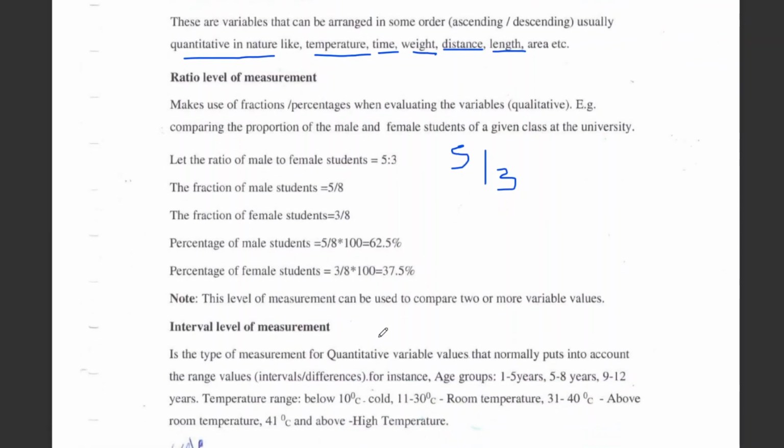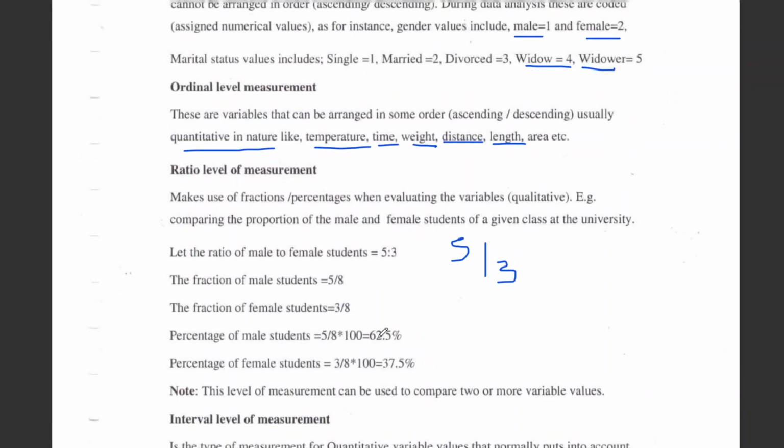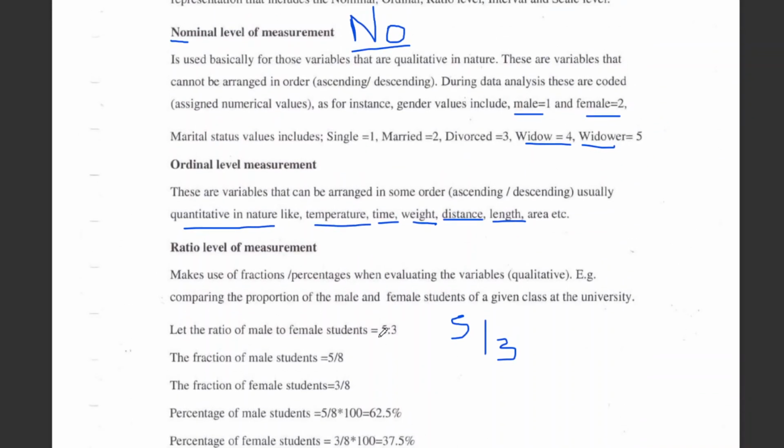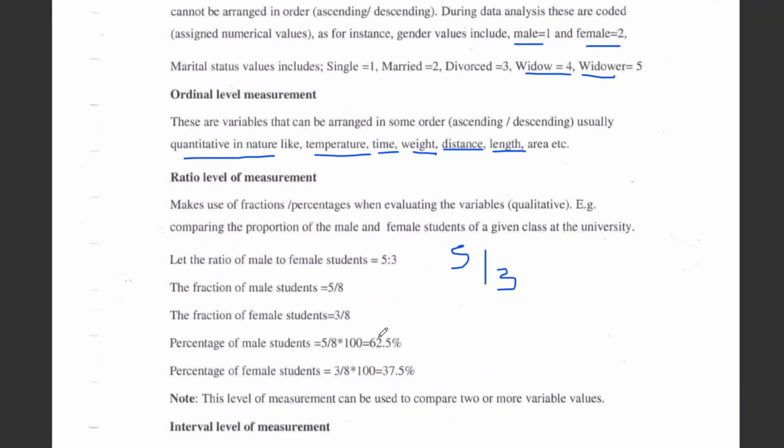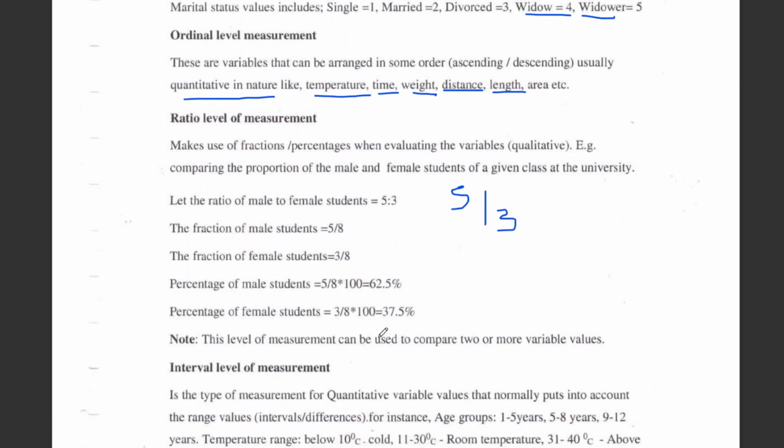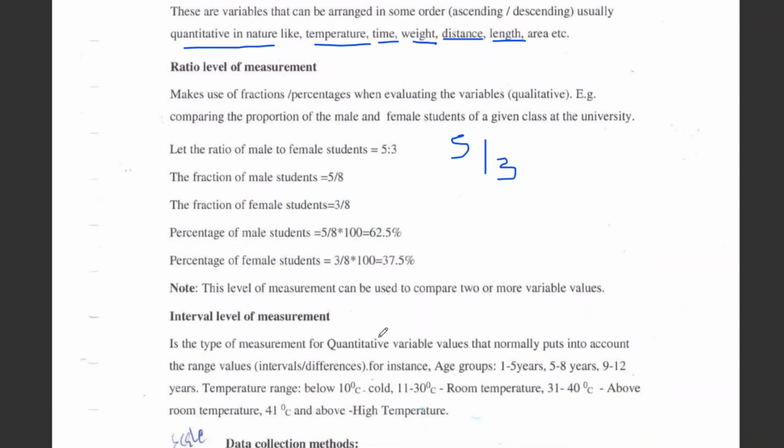Then we have interval level of measurement. We said there are 4. The first one being nominal level of measurement, ratio level of measurement, interval level of measurement. What is interval level of measurement? It is the type of measurement for quantitative variables that normally takes into account ranges.